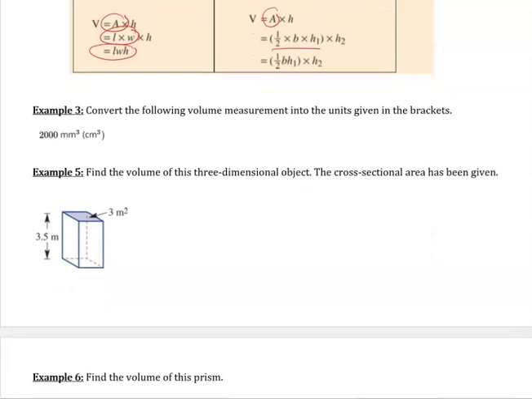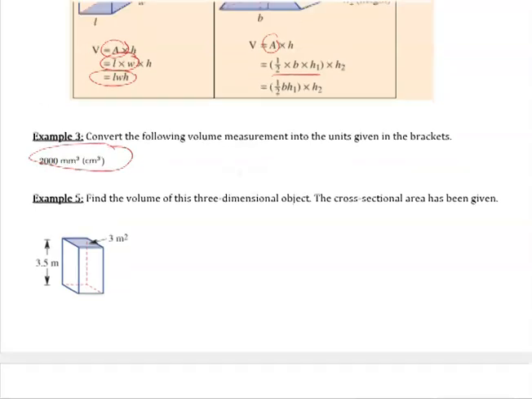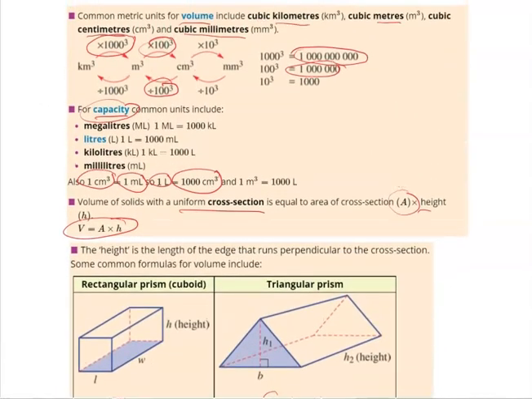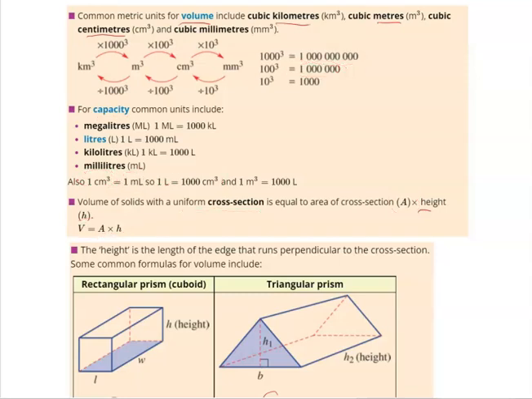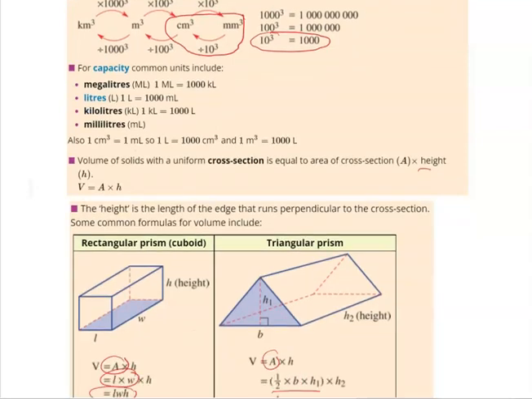So firstly, we're going to convert this 2,000 cubic millimeters to cubic centimeters. I'm going to go up and double check. I'm going from cubic millimeters to cubic centimeters. So I'm going to divide by 10 to the power of 3. 10 to the power of something is 1 with that number of zeros. 10 to the power of 1 is 1 with 1 zero, so it's 10.